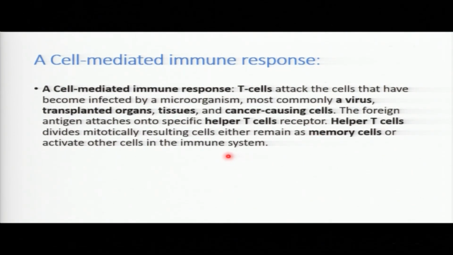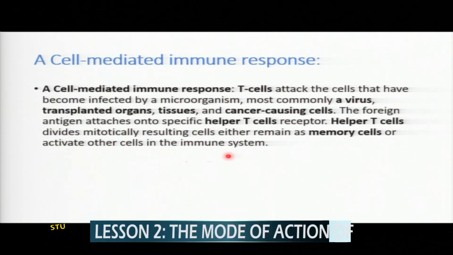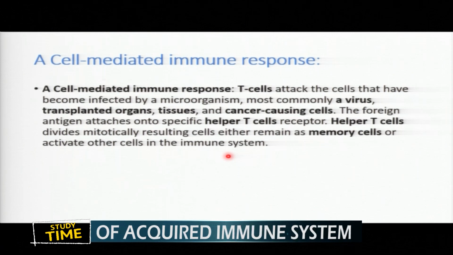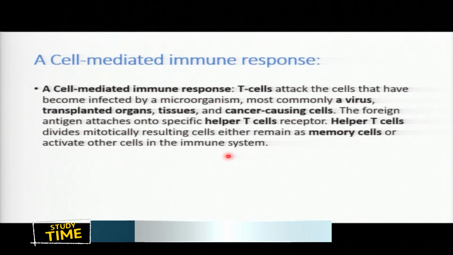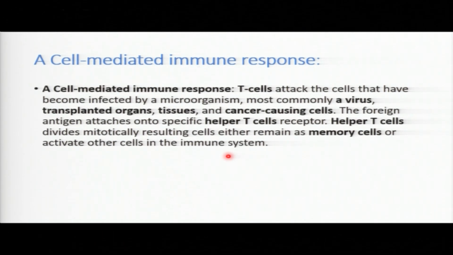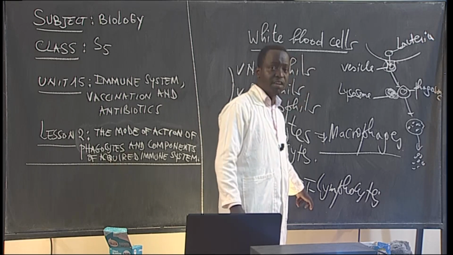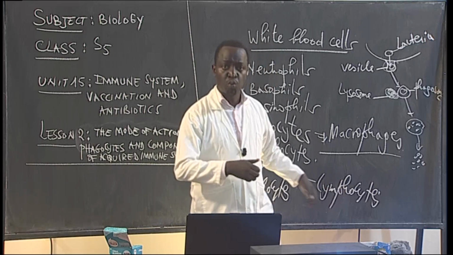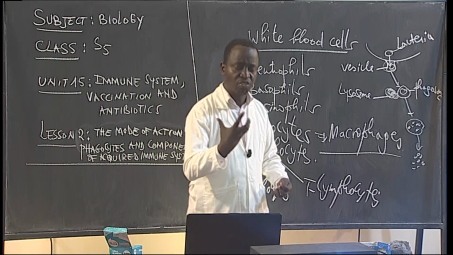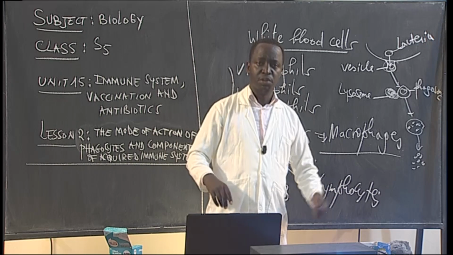My friends, when we talk about this cell-mediated immune response, as the name says, it is cell-mediated. Those T lymphocytes, T cells, are the ones that are going to work. What is their work during this response?